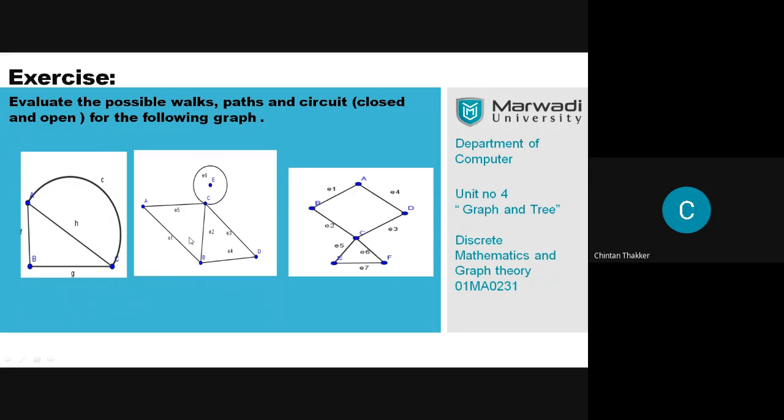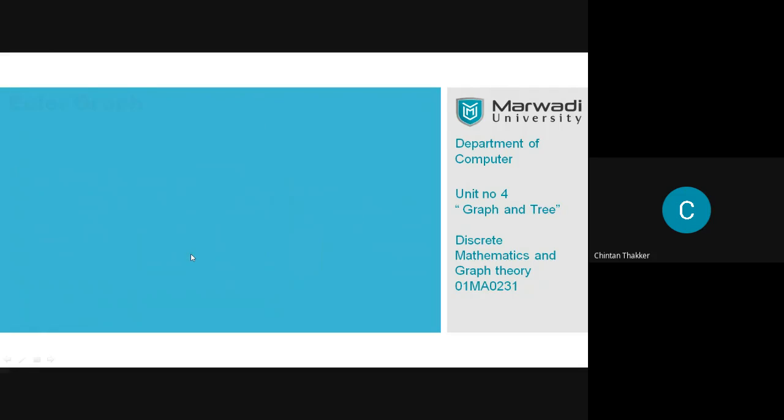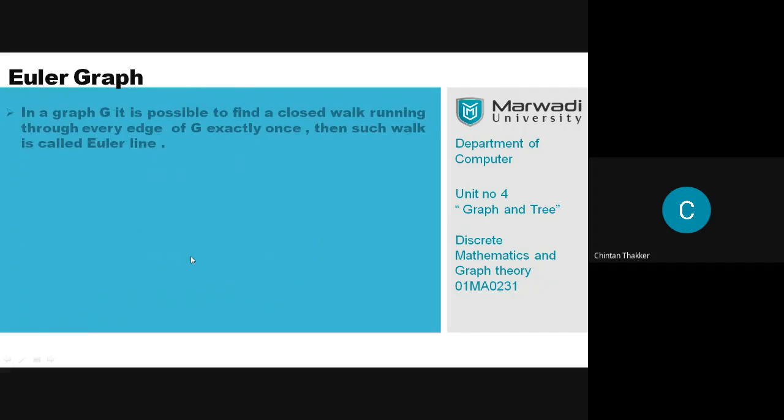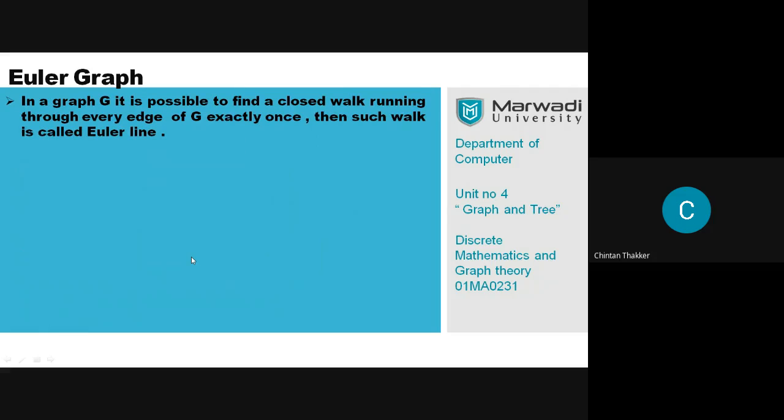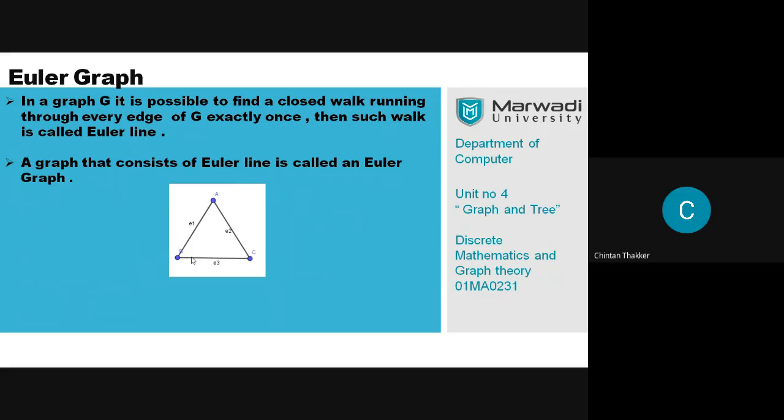If we want to cover the E2, then we cannot repeat here E5, so we cannot reach again A. Okay. So if you find the walk in this graph, then we cannot get the closed walk which contains all edges. So this is also not a Euler graph.